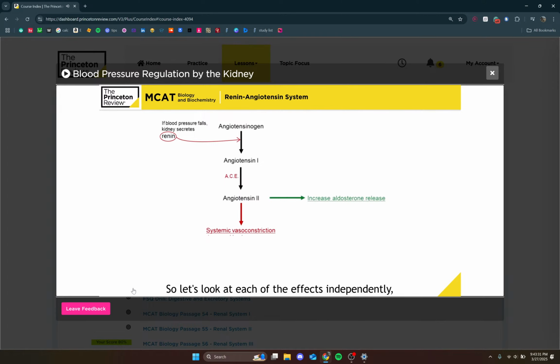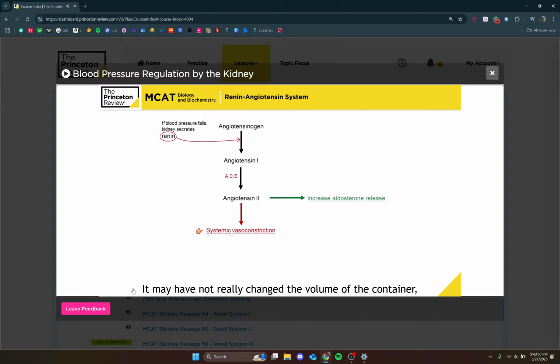So let's look at each of the effects independently and how they would affect blood pressure. So, systemic vasoconstriction. This means all of the arteries in the body will be constricted or narrowed. This effectively makes the container in your body for blood smaller. It may not really have changed the volume of the blood.